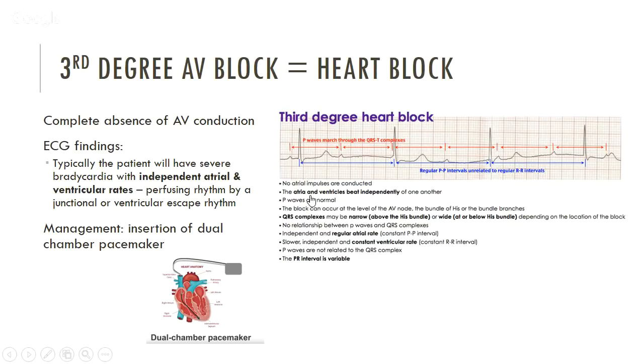The way you figure that out is if you measure P to P, it's regular, and R to R is regular as well and unrelated to one another. This is very important because in these patients, the only way to definitively manage them is giving them a pacemaker. Otherwise, the heart rate is going to be too low.